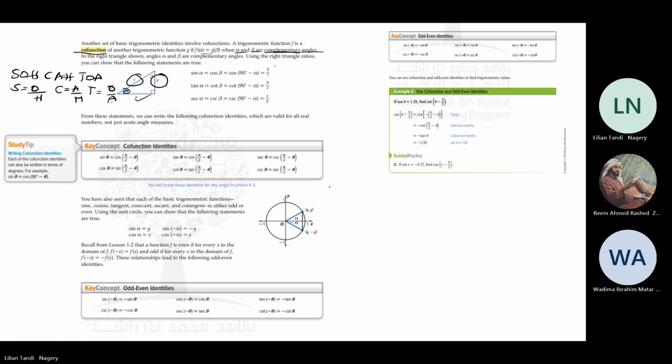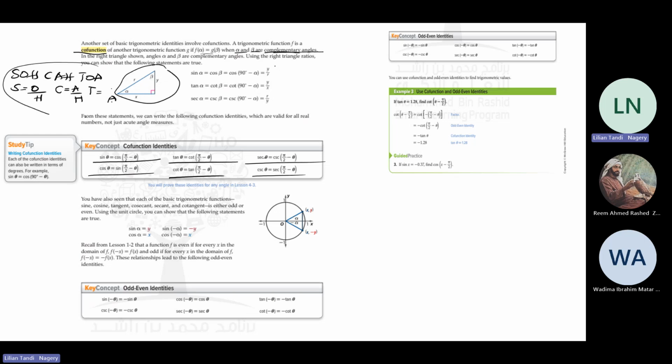Now, you have a lot of them here also. So it depends on how the question will come. If the question gives you only secant and cosecant, you will do this. If the question gives you the triangle like this, you'll do SOHCAHTOA.